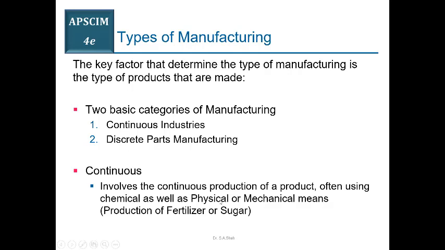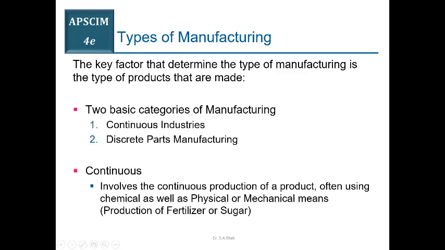And sometimes physical or mechanical processes can also be used, like for production of fertilizers और जो sugar industries अगर आप देखते हैं तो initially आपका जो raw material होता है that is in the liquid form, and finally the final product that you get from that industry is some solid. So ज़रूरी नहीं है कि कंटिन्यूस इंडस्ट्रीज़ हो तो उसमें केमिकल ऑपरेशंस आपको मिलते हैं. You may see some physical processes.